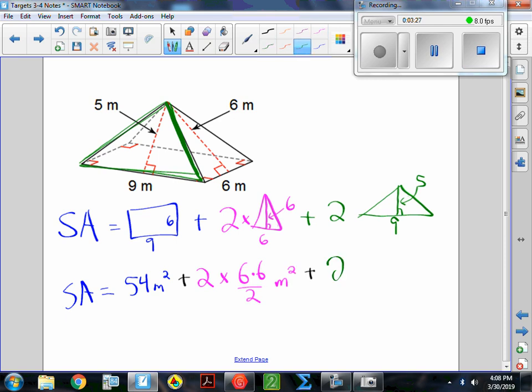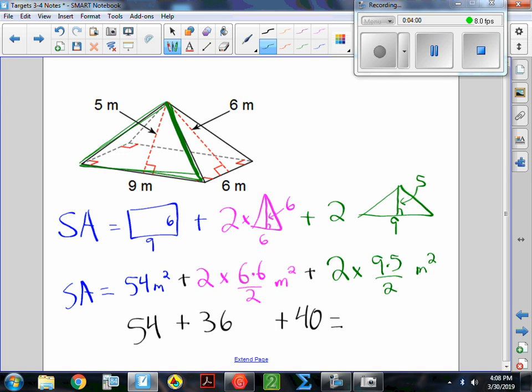Plus 2 times the bigger triangle, which is going to be base times height divided by 2, square meters. So altogether, we're going to have 54 square meters plus 2 times 6 times 6 divided by 2, which is 36 square meters. 2 times 6 is 12, times 6 is 72, divided by 2 is 36. 2 times 9 times 5 divided by 2 is 40.